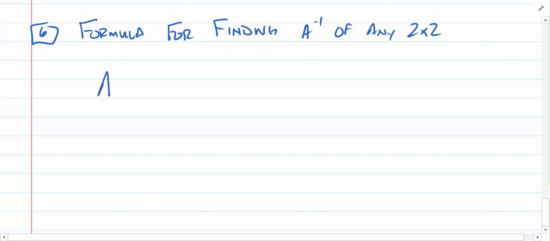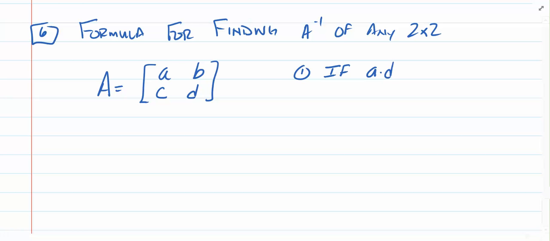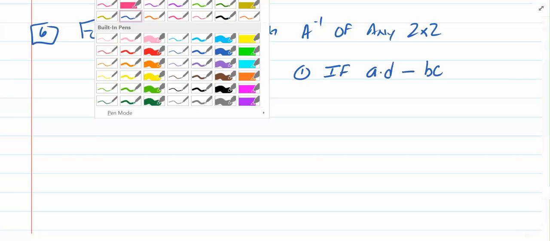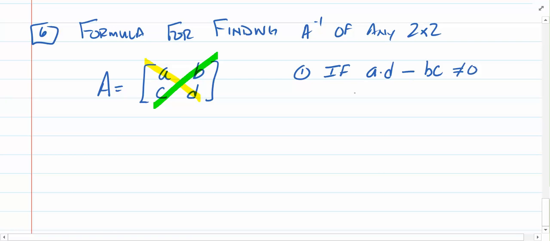So let's say you're given this. A is equal to some matrix. I'll call it little a, little b, little c, and little d. So here's some 2 by 2 matrix. First things first, number 1, if A times D, so this diagonal product, minus B times C, so this diagonal, as long as that is not equal to 0, then A is invertible.